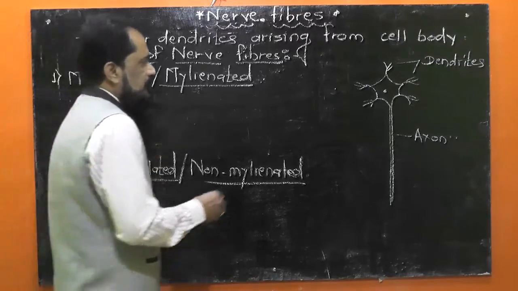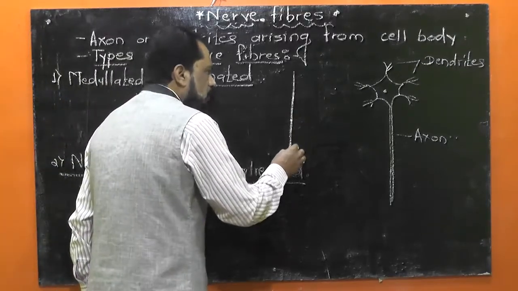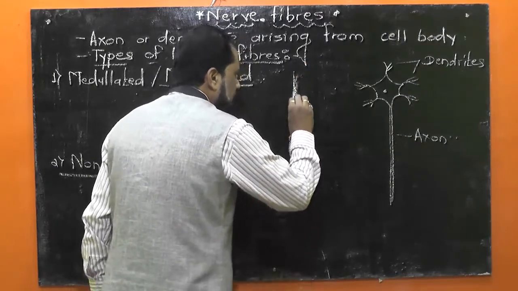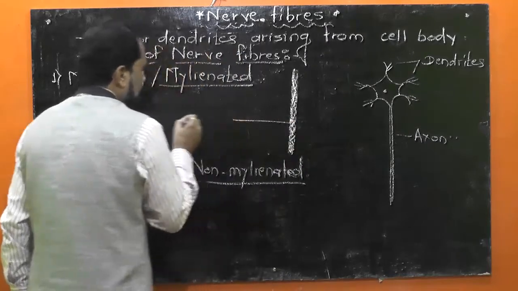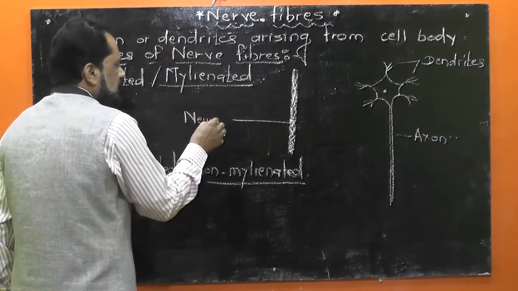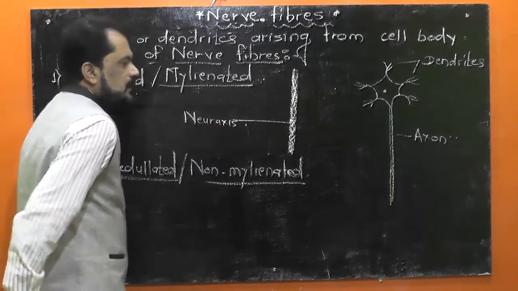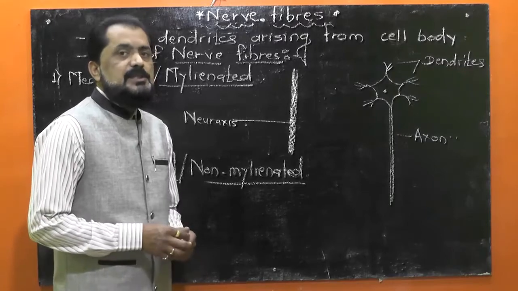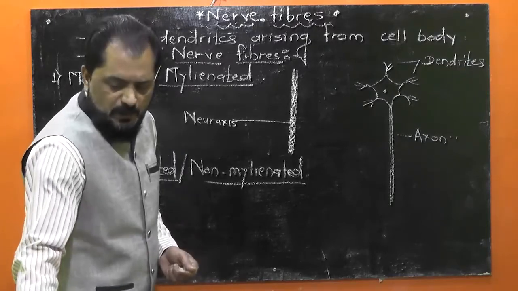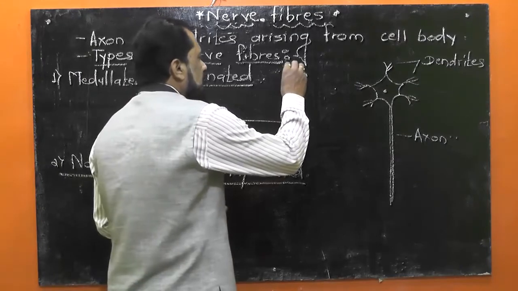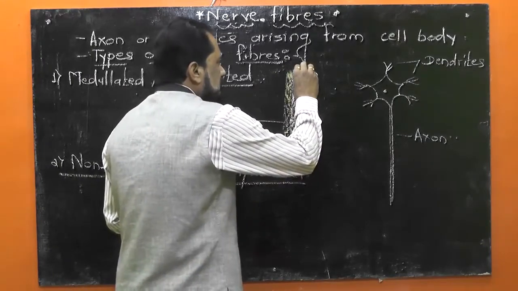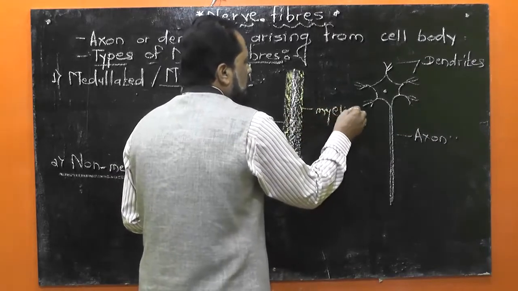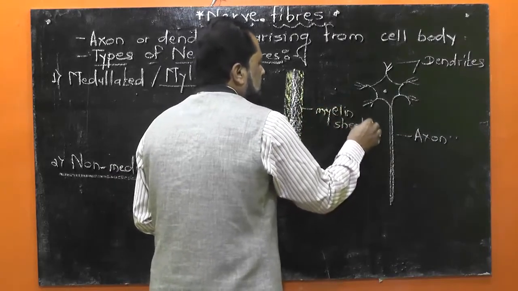Medullated nerve fiber shows a central core, or we can say axis cylinder. Here I am going to show. Here is axis cylinder. It may be called neuroaxis, and this axis cylinder or neuroaxis is covered by means of a whitish sheath, whitish covering, called myelin sheath or may be known as medullary sheath.